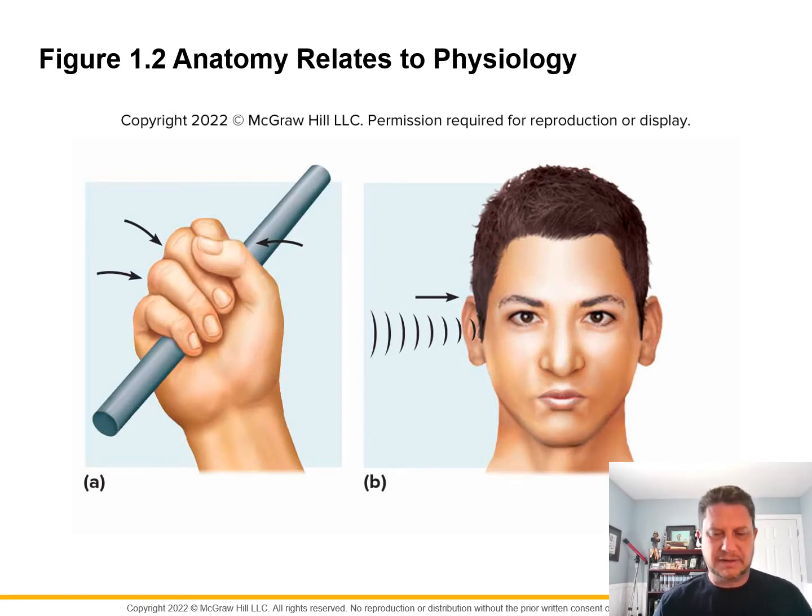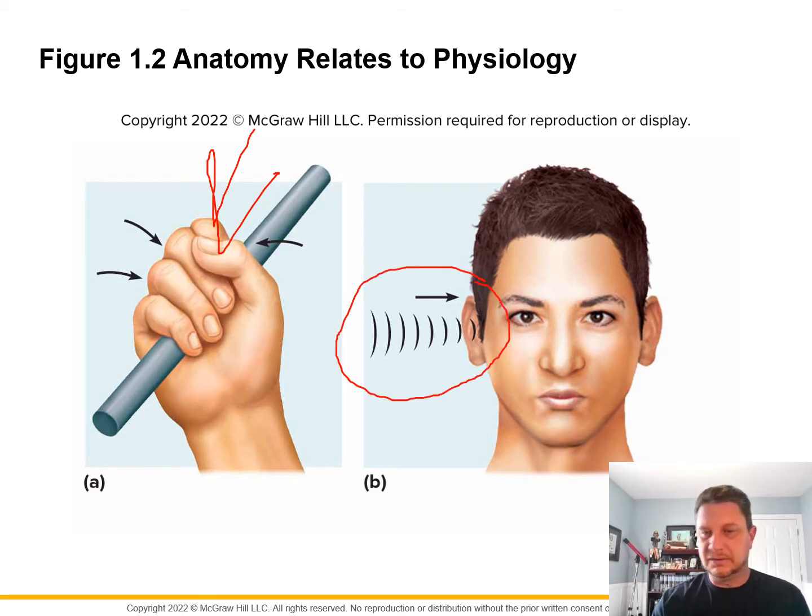So when we look at this picture here, we could talk about the hand, but I want to use the ear here because the way your ear looks, this little part here, is designed as a type of funnel. It catches sound waves that are going in and channels them into this little canal called the Q-tip canal. Just kidding.